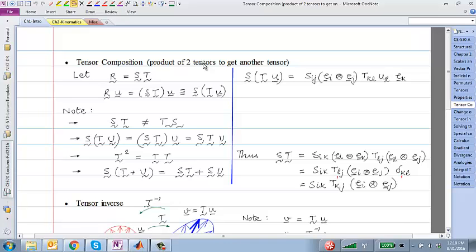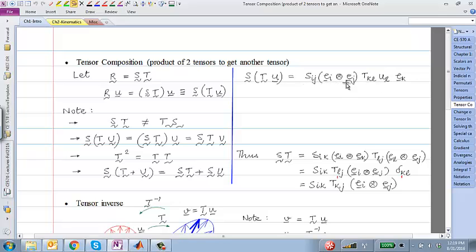So, for example, here I'm showing you that I'll construct a tensor R by composing 2 tensors S and T. How does that work? I'll first compute T acting on U. We know how that works. It takes a red sphere to a blue ellipsoid. Then once I have that blue ellipsoid, a new tensor S will act on that blue ellipsoid to take you to another bluer ellipsoid.